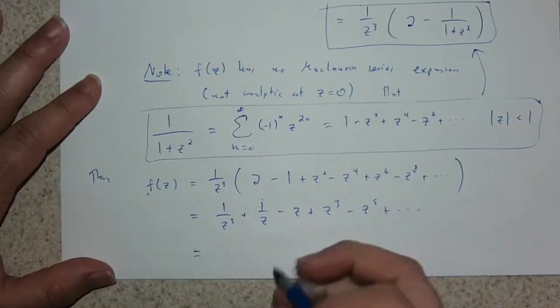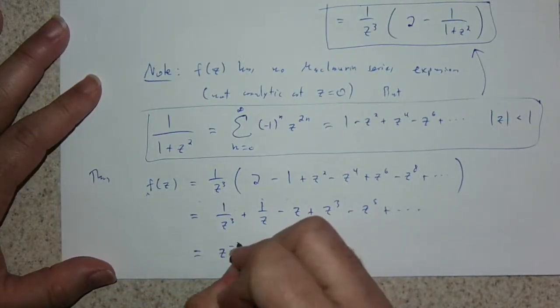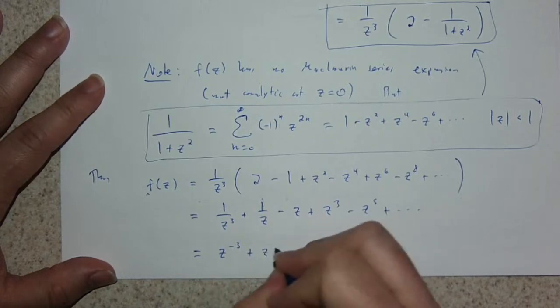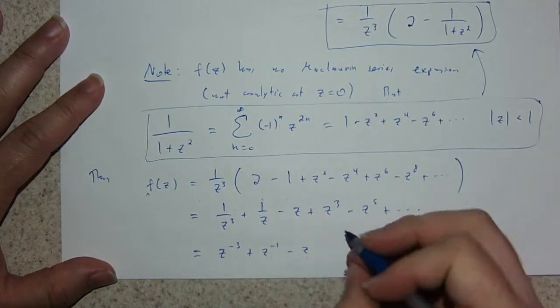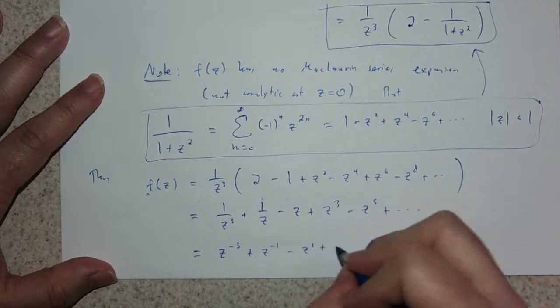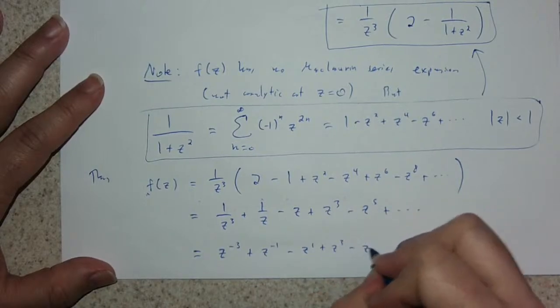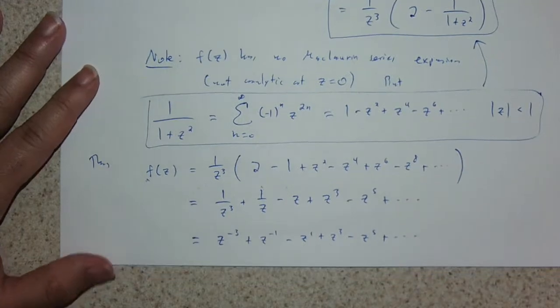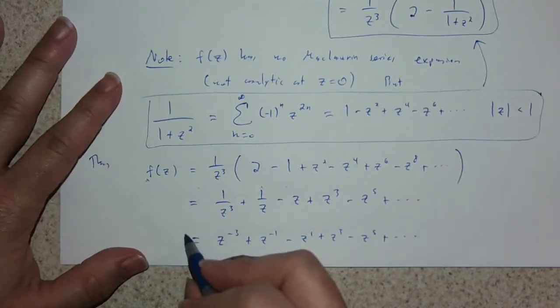Rewriting this slightly, this is z to the minus 3 plus z to the minus 1 minus z to the 1st, if you like, plus z cubed minus z to the 5th, and so on.